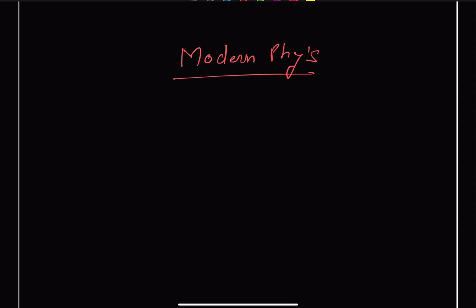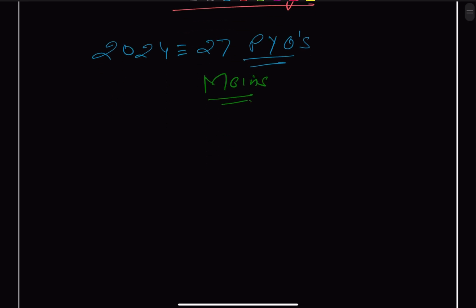These questions are from the year 2024, and in total we are going to solve 27 questions, and all these 27 questions are from mains. And this is part 1 for the year 2021.